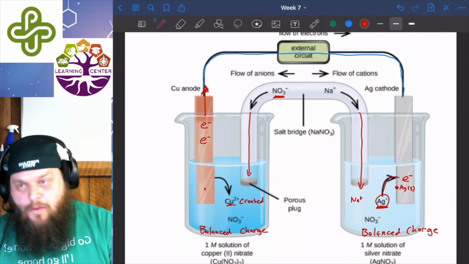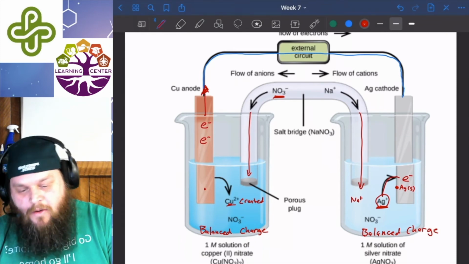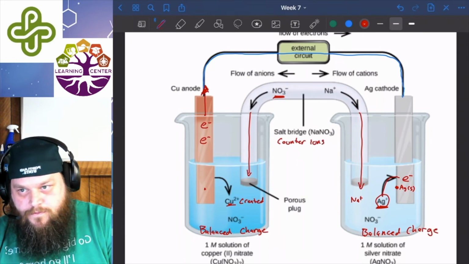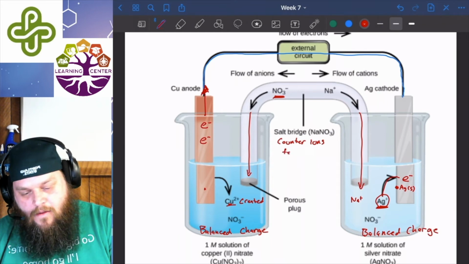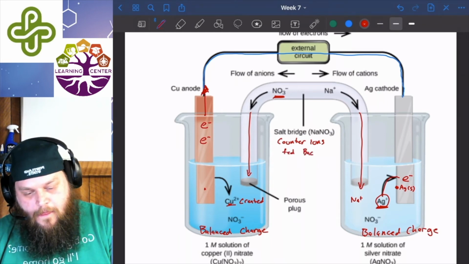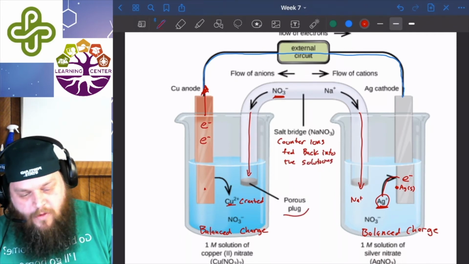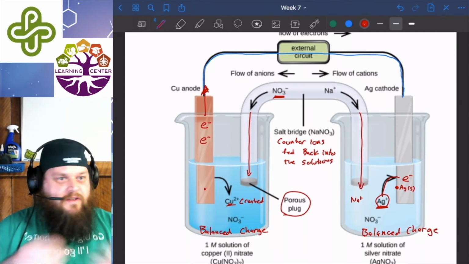The salt bridge is really used for counter ions. And they get fed back into the solutions. This porous plug is to make sure they don't just bleed into it.